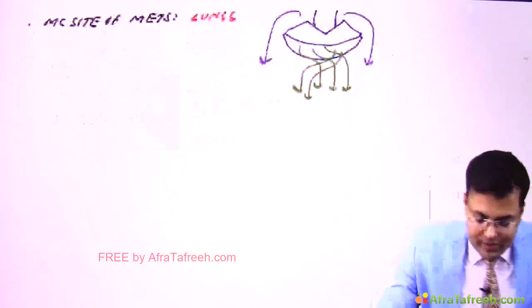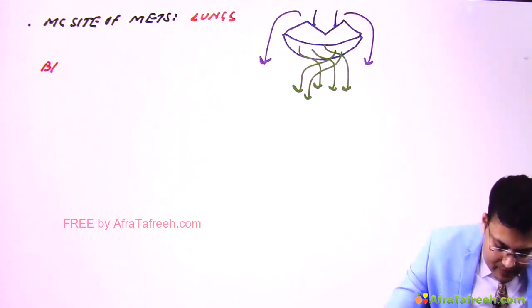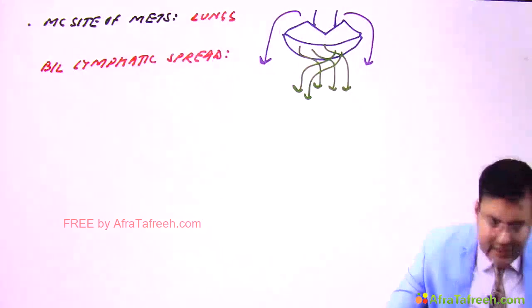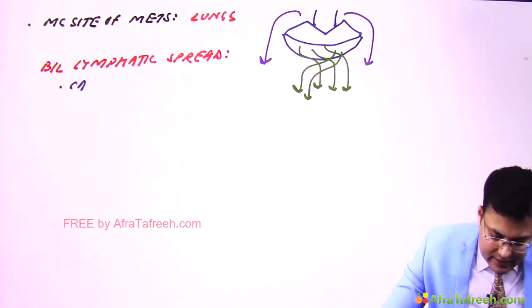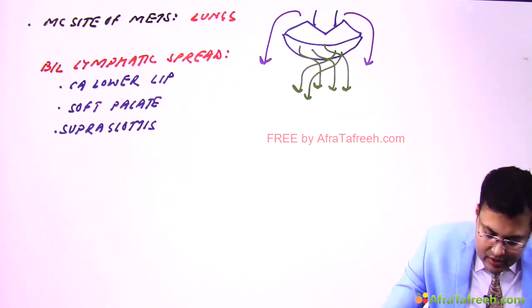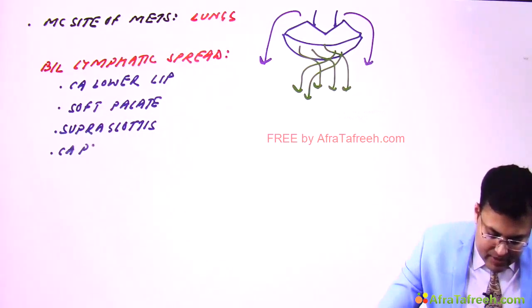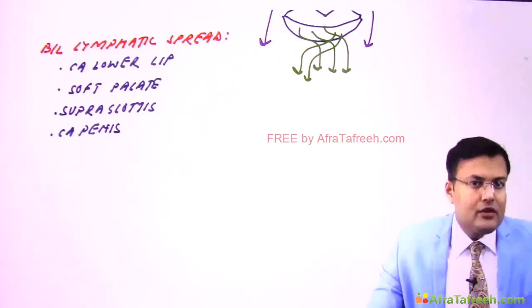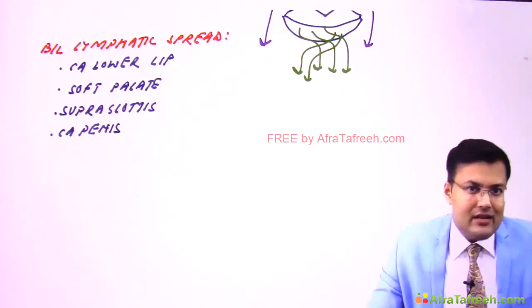So bilateral lymphatic spread is seen in carcinoma lower lip, soft palate, supraglottis, and carcinoma penis. You may find bilateral lymph node involvement.